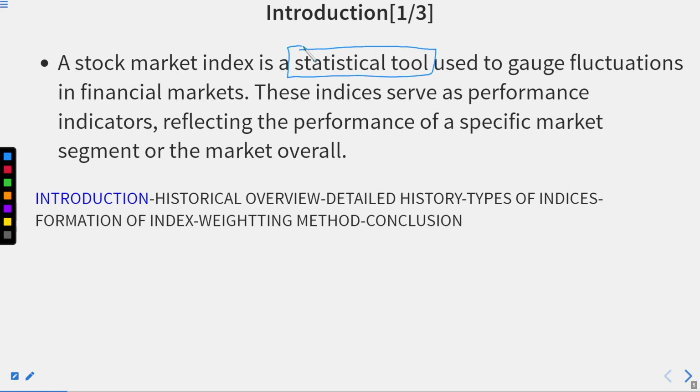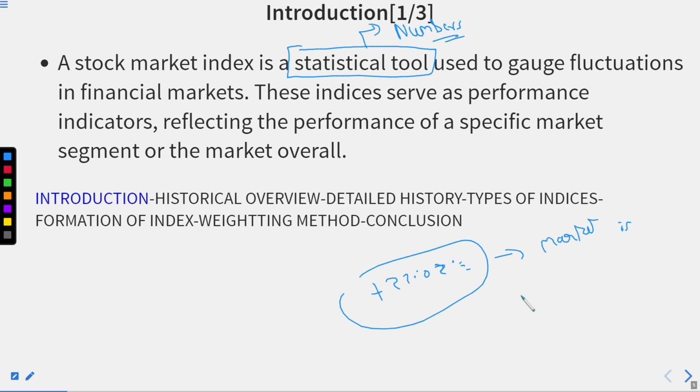Statistical tools, because it basically works in numbers, or in signs, like positive numbers. Suppose positive 2.002222 and so on. If you see this kind of picture, it means the market is performing well.